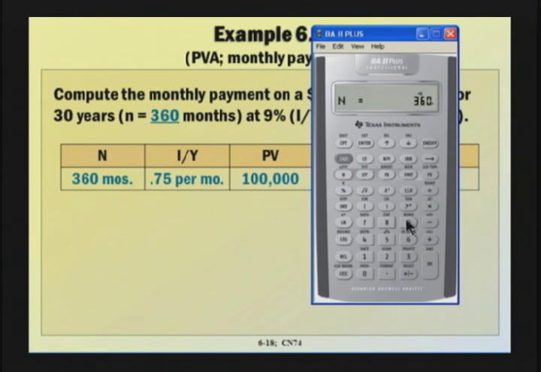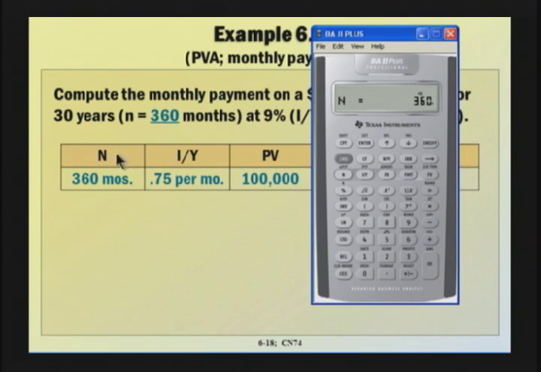The 9% quoted interest rate is for a year. That's an APR. Let me take the 9% and divide it by 12 to get a monthly rate of 0.75, or 3/4 of 1% per month. So with 0.75 on the display now, I'll press IY and my interest rate is 0.75% per period. Now, remember, clear the display here. Let me recall N for a minute. The calculator knows I'm going to make 360 payments.